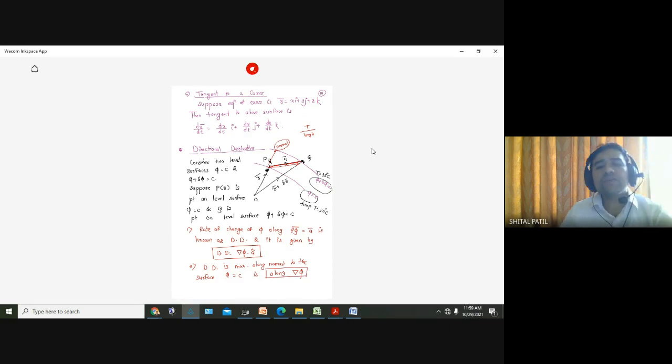So directional derivative is maximum along grad phi. What is the magnitude? Third, magnitude of maximum directional derivative is mod of grad phi. That's it.